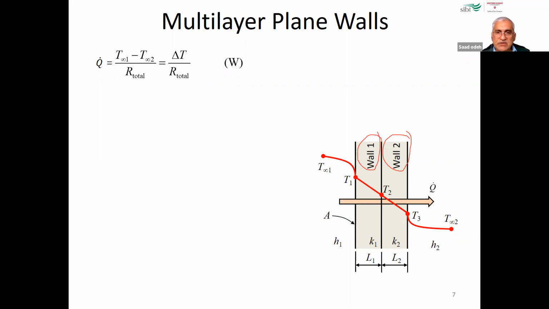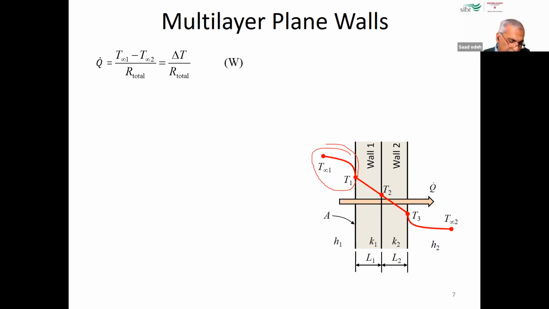So for this kind of setting or design, as you can see, we have more than three thermal resistances. We have the thermal resistance between the inside air and the surface of wall 1.